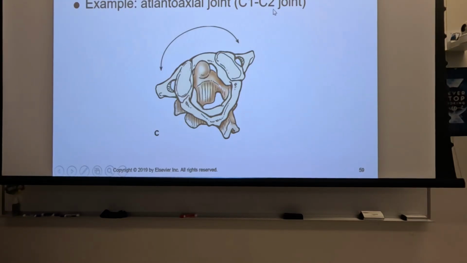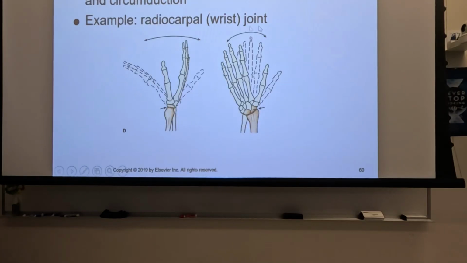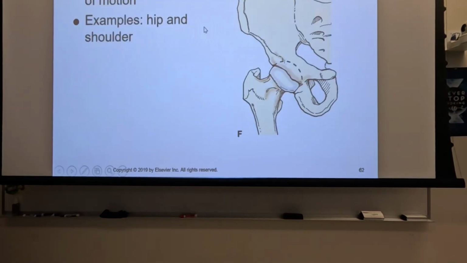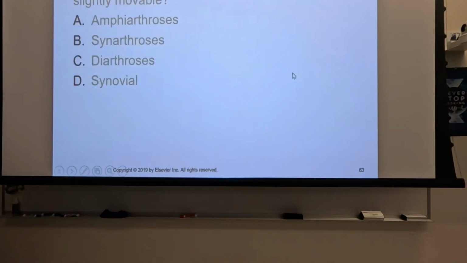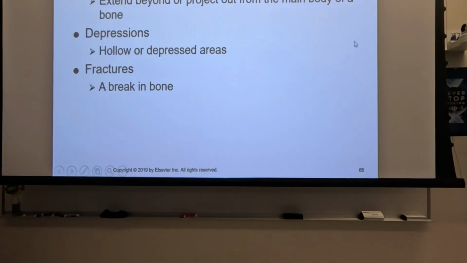Pivot joints, obvious, you know, they kind of spin around. Most of the rotational movement in the C-spine comes from the articulation between the first and second cervical vertebra. So we'll describe how that works later in the semester. Ball and socket, we're going to talk about it quite a bit today.